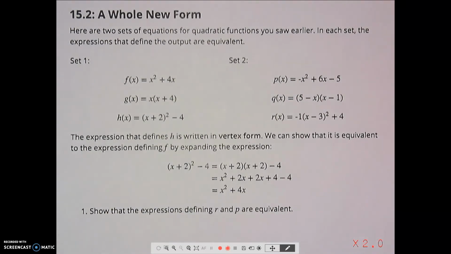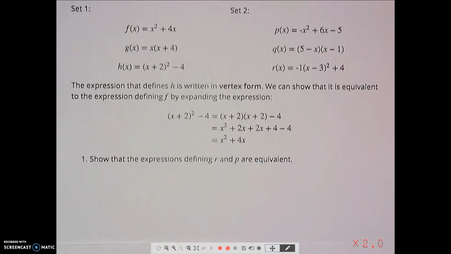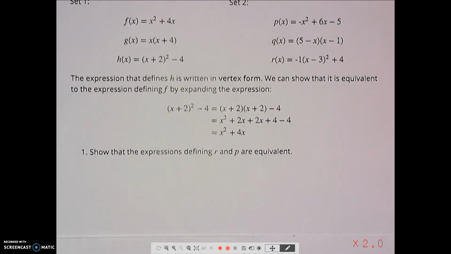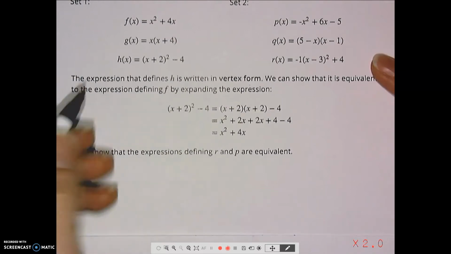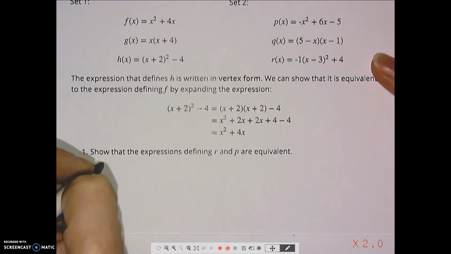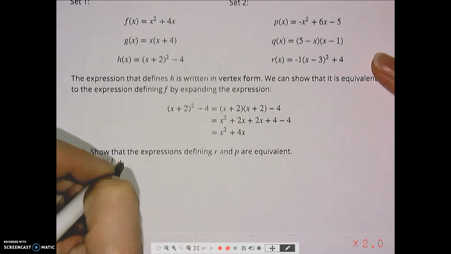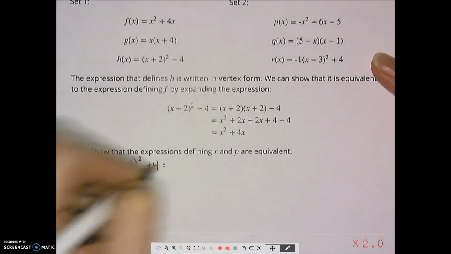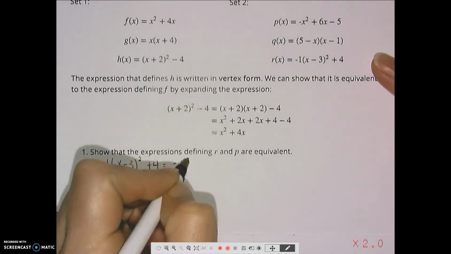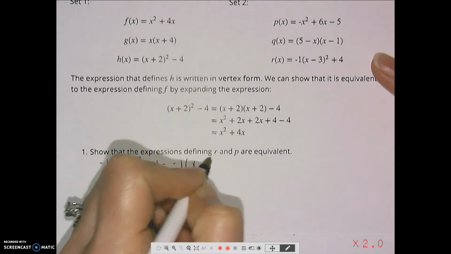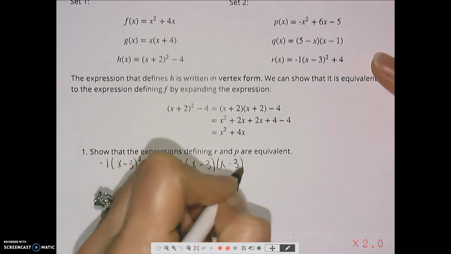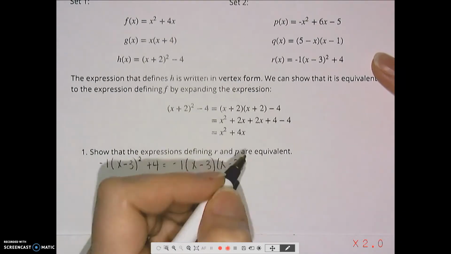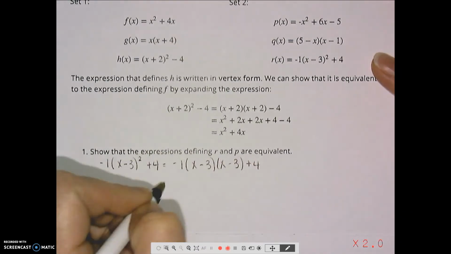Number one says to show that the expressions defining r and p are equivalent. So we're going to start with r. That's -1 times the quantity x minus 3 squared plus 4. That means we need to take that x minus 3 and write it twice.